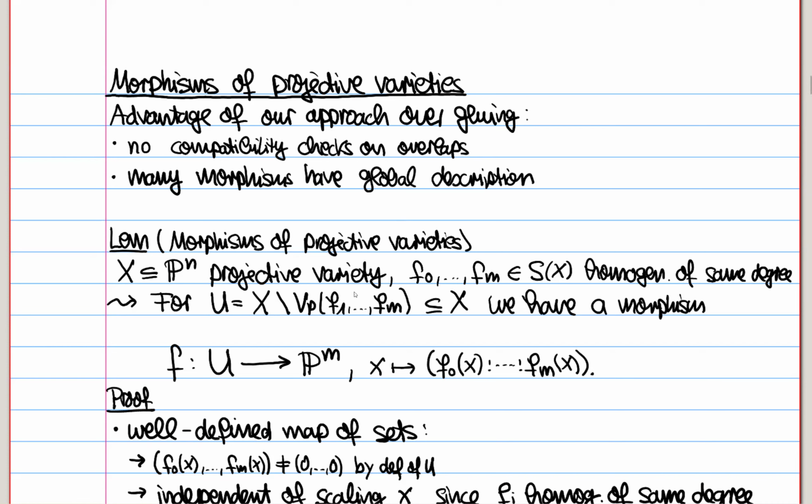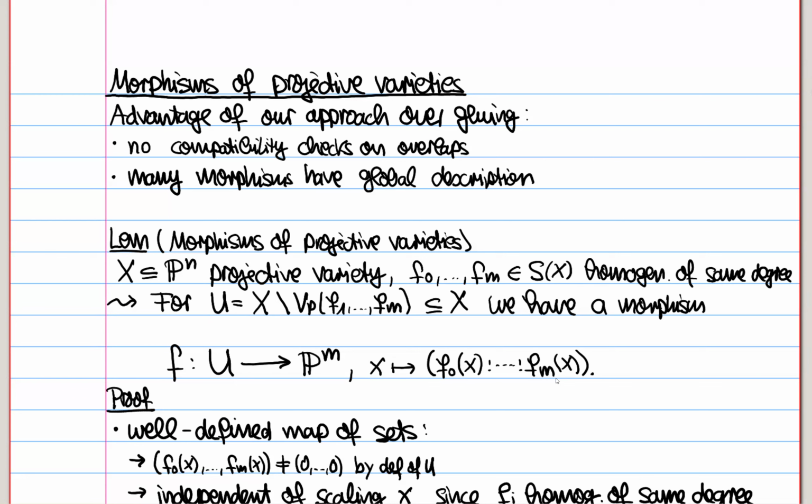So if you have X inside Pn, a projective variety, and then you have m+1 elements of the homogeneous coordinate ring, which are homogeneous of the same degree, then in principle, you would like to write down a map from some open subset of X to Pm, whose coordinates are just given by these F0 up to Fm.